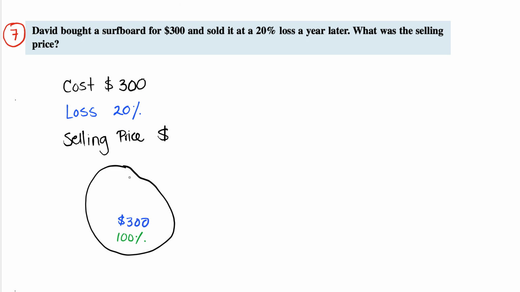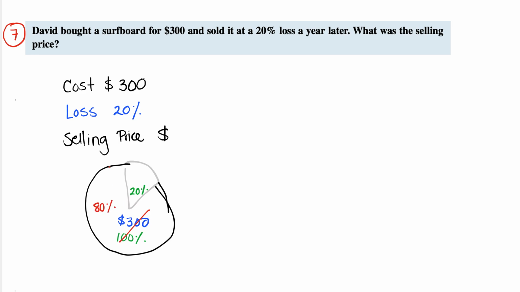And I know that he lost this bit here, and this piece that was eaten was 20%. So now this bit here is 80%.